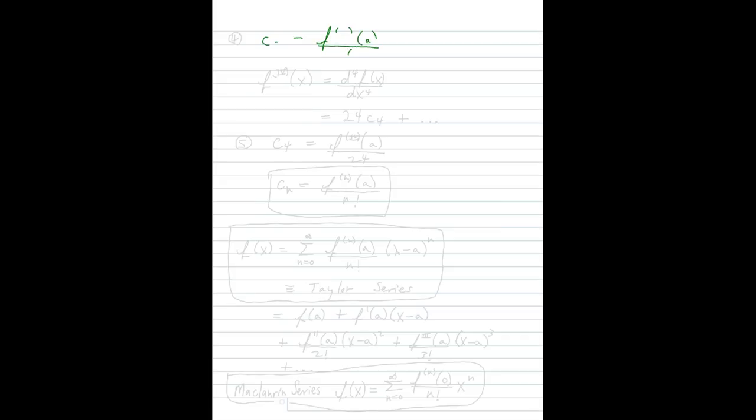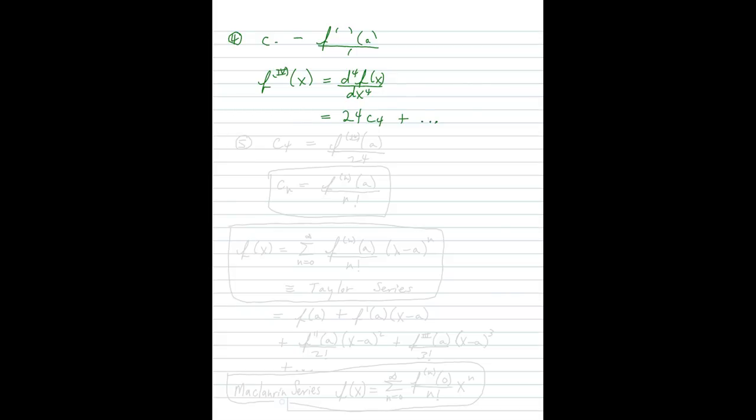So that's going to be our fourth coefficient. And then our fifth coefficient is going to be the fourth derivative of f of x, d to the fourth f of x dx to the fourth, equals 24 c4 plus some term that involves x minus a.